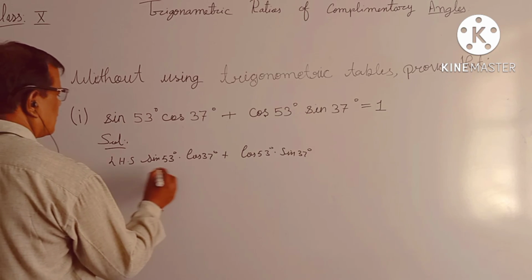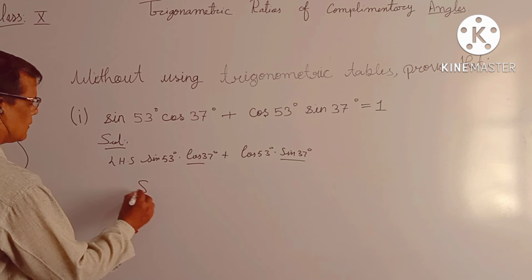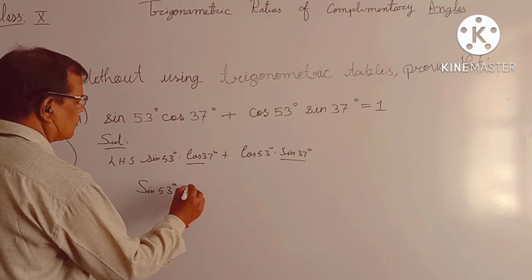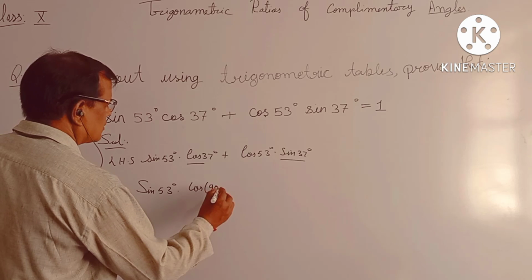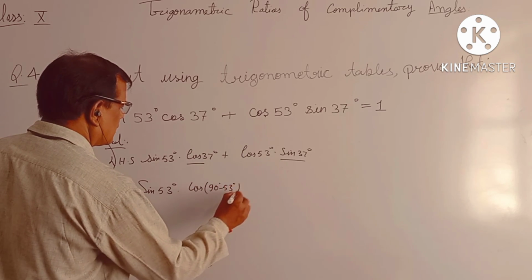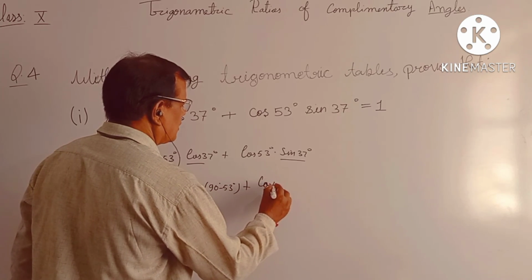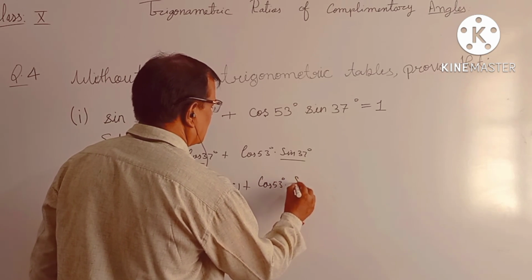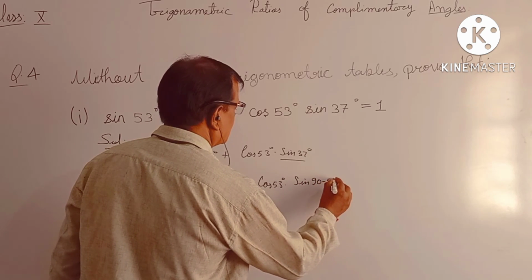Now we convert one part in each: sin 53 degree into cos 90 minus 53 degree plus cos 53 degree into sin 90 minus 53 degree.